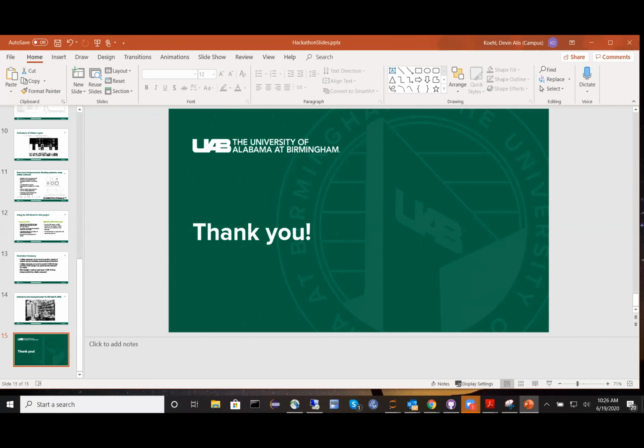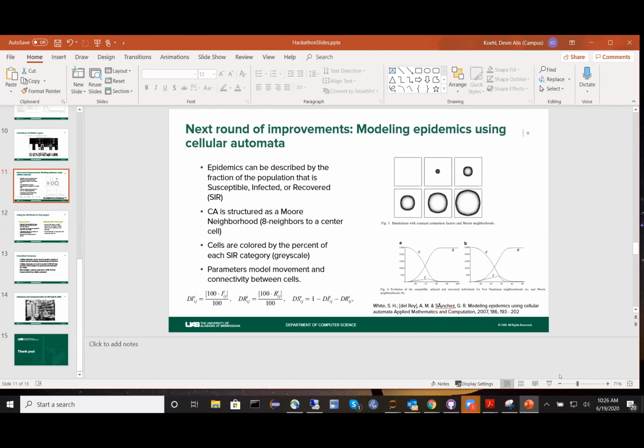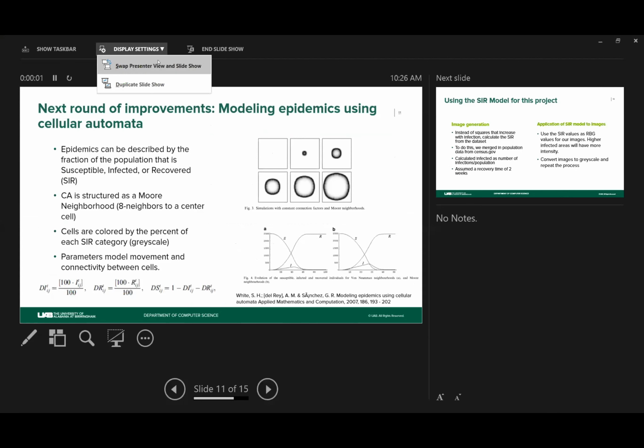There's a question: how applicable is the neighboring square model to a disease spread that is thought to be highly impacted by long distance travel, such as flights? Well, if we might go back to the White paper, the parameters that the White paper includes actually include connectivity and mobility.